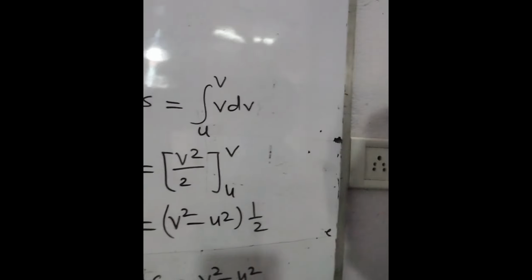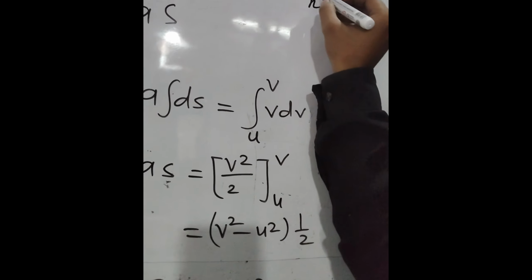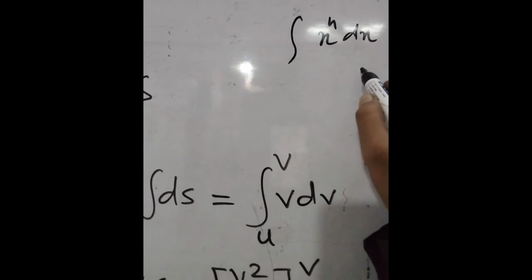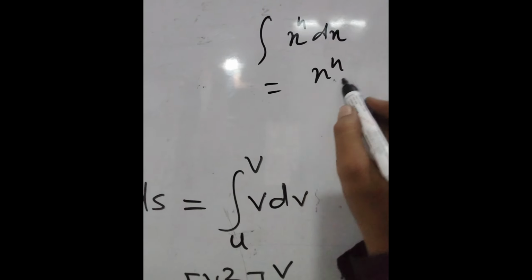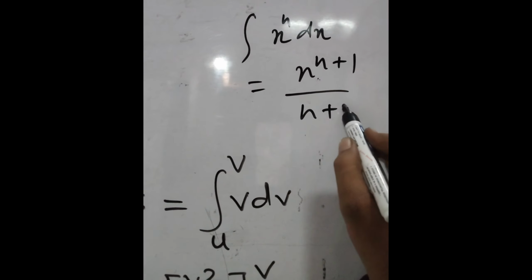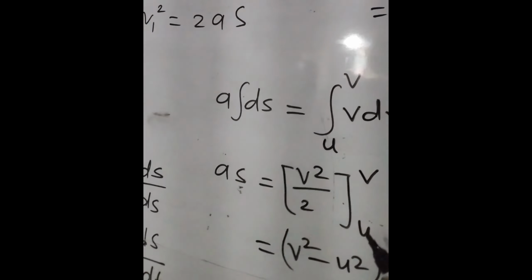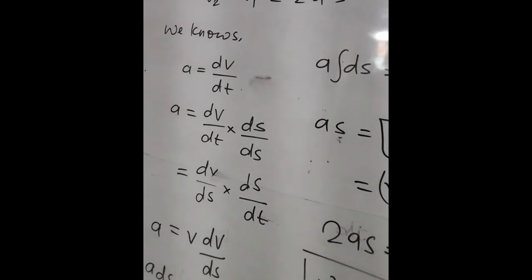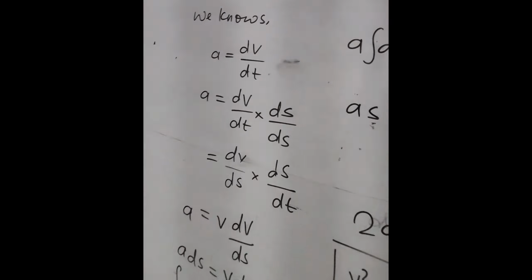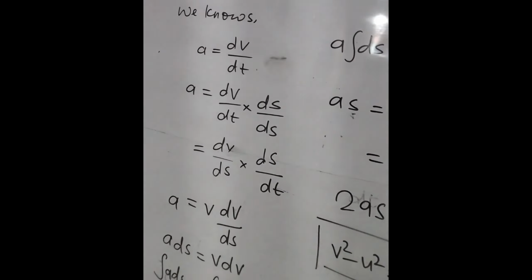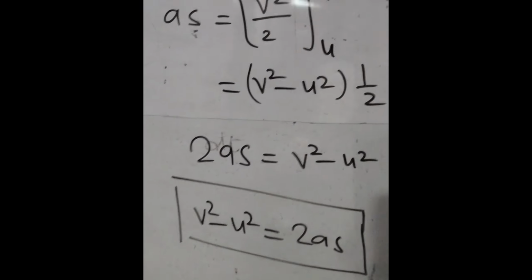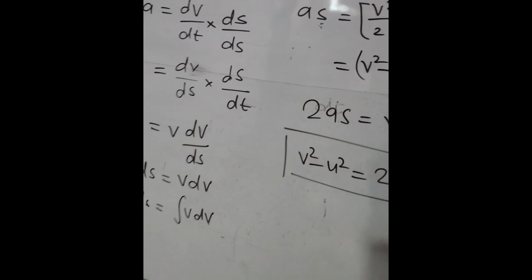This is the formula of integration: the integral of x to the power n dx is x to the power n plus 1 upon n plus 1, as in the last formula. So because there is a 2, v square by 2, the 2 goes in this direction, and the result is v square minus u square is equal to 2as. This is the third equation of kinematics. These are important equations.